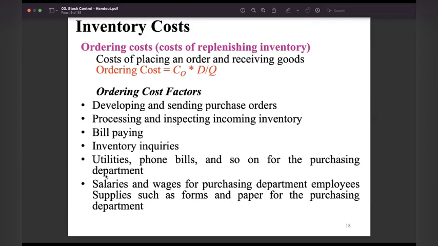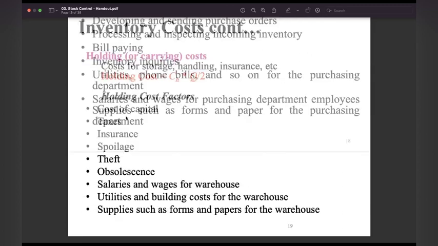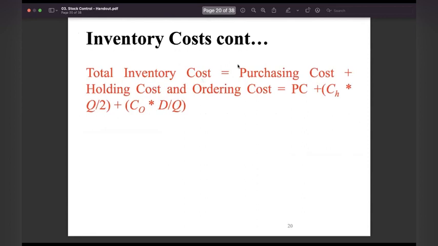And next, you need to add ordering costs. So the summation of purchasing cost, holding cost, and ordering cost will be total inventory cost, right? Remember this equation.